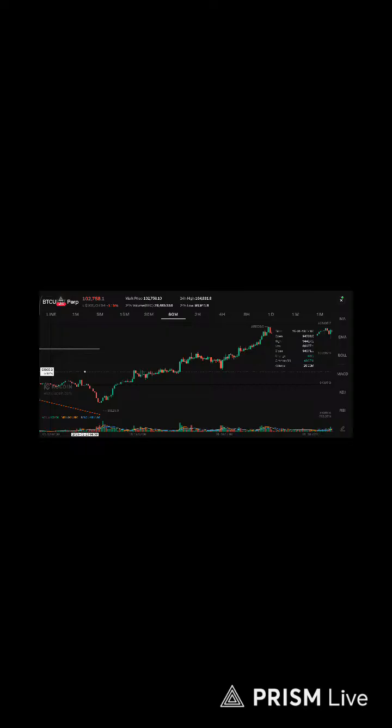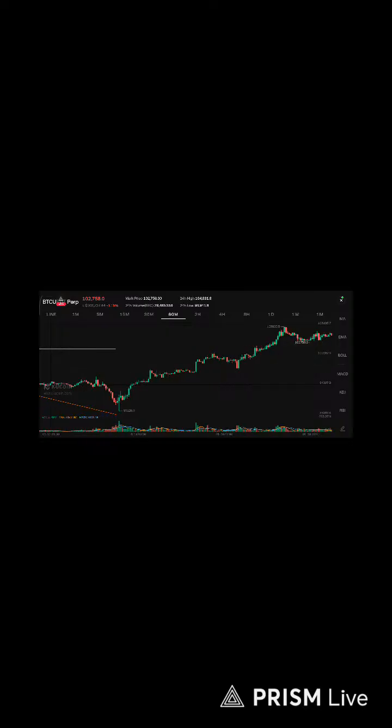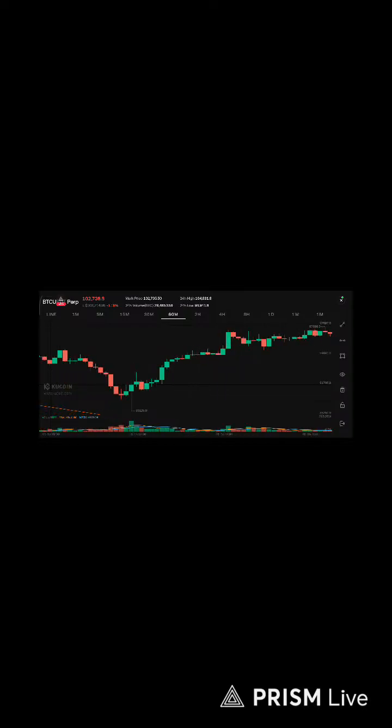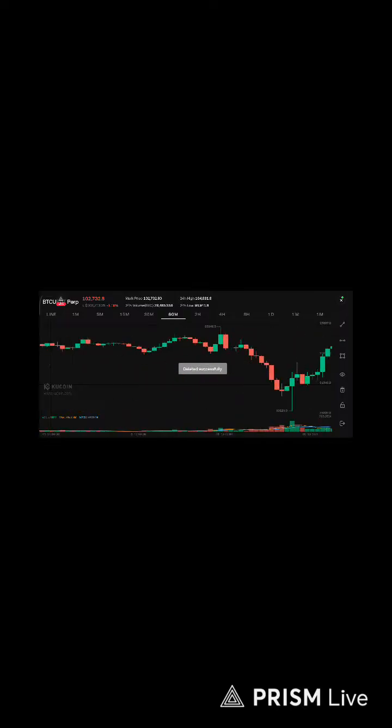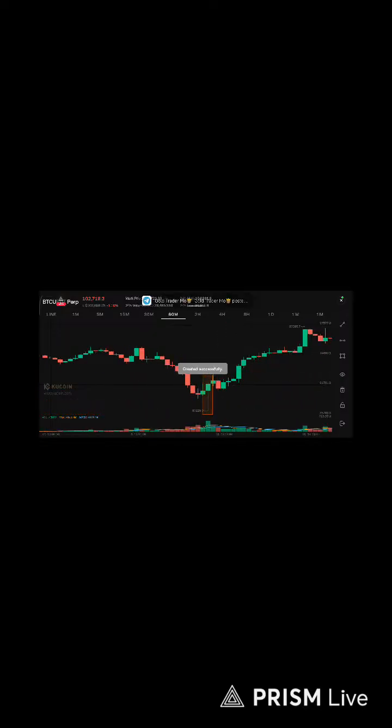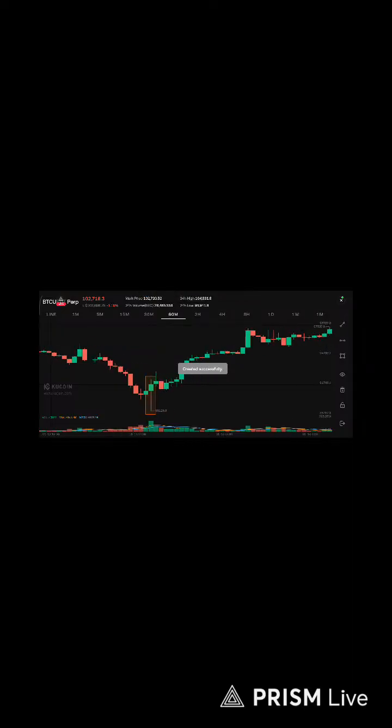In case you guys were not active in class, have you seen an example of a hammer? All right, this is it. This is one of the examples of a hammer candlestick.